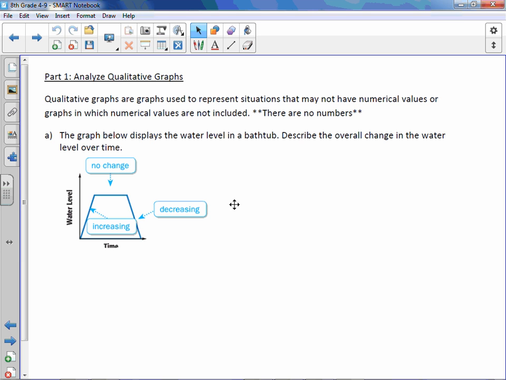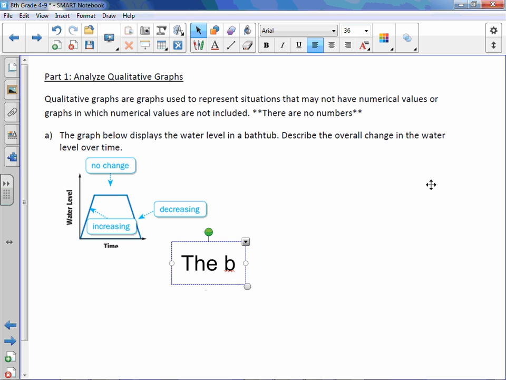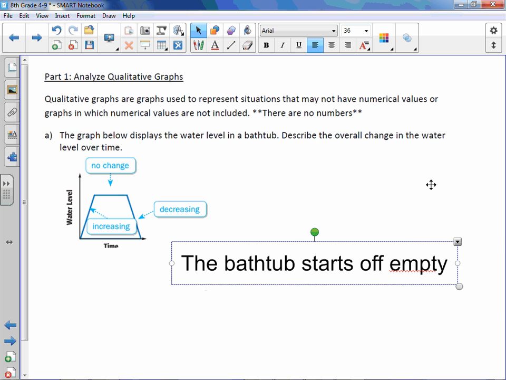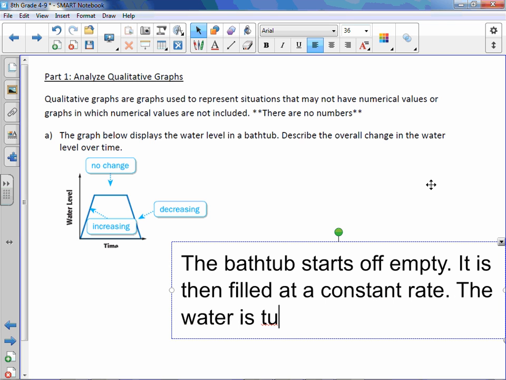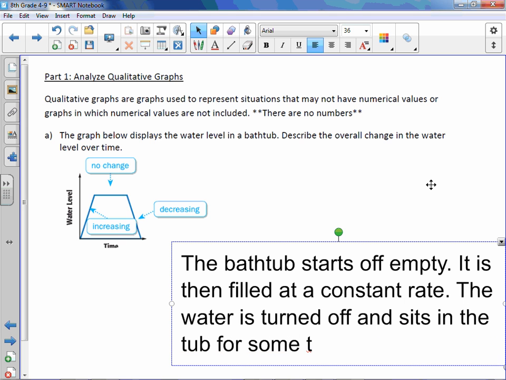So now let's explain that in words here. The bathtub starts off empty. It is then filled at a constant rate. The water is turned off and sits in the tub for some time.